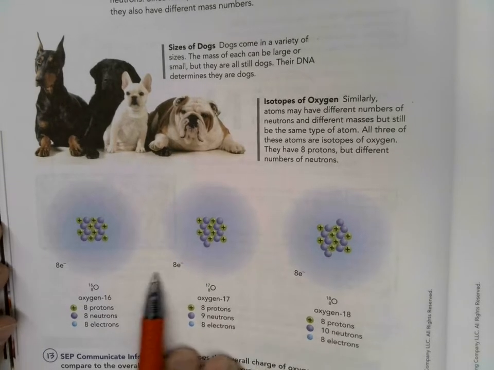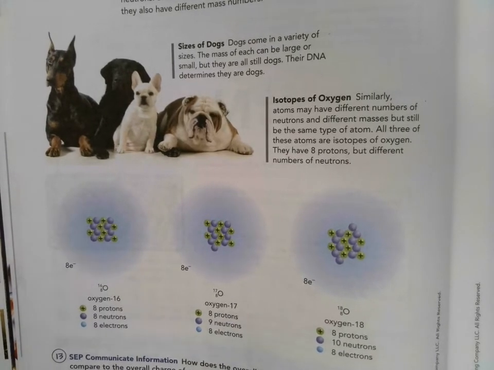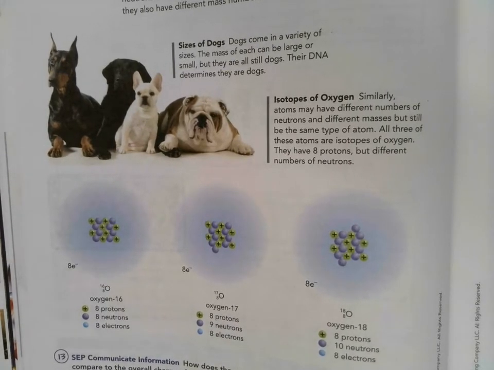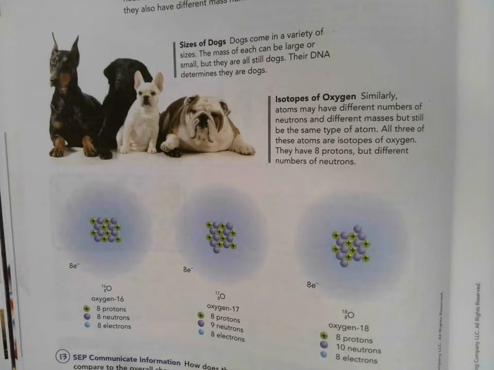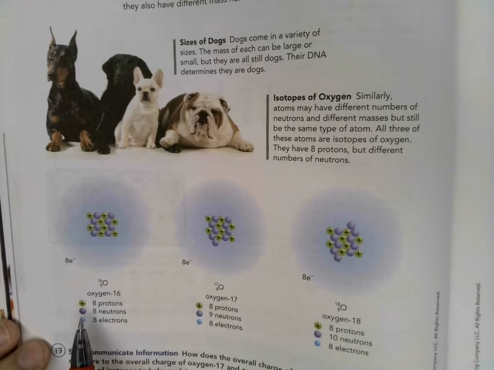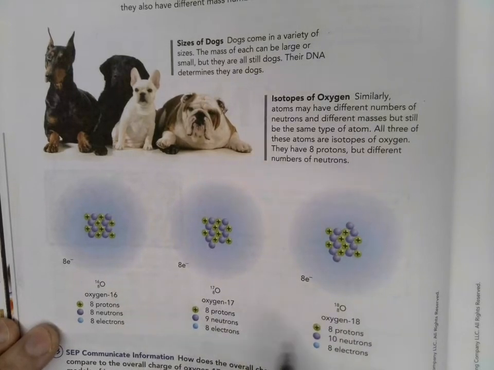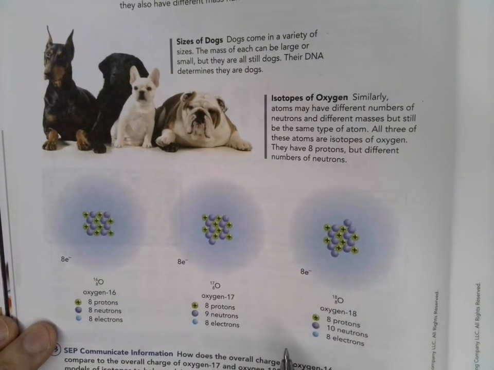Now, these atoms can come in different varieties, but nature tends to side with certain types more than others. For example, oxygen 16 is the dominant one that we find the most of. Oxygen 17 and 18 are much rarer. We don't see them in nature as often.